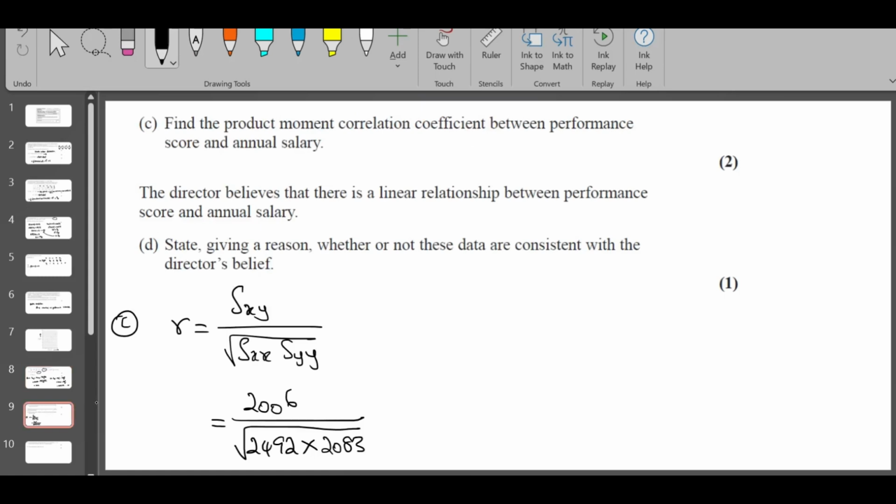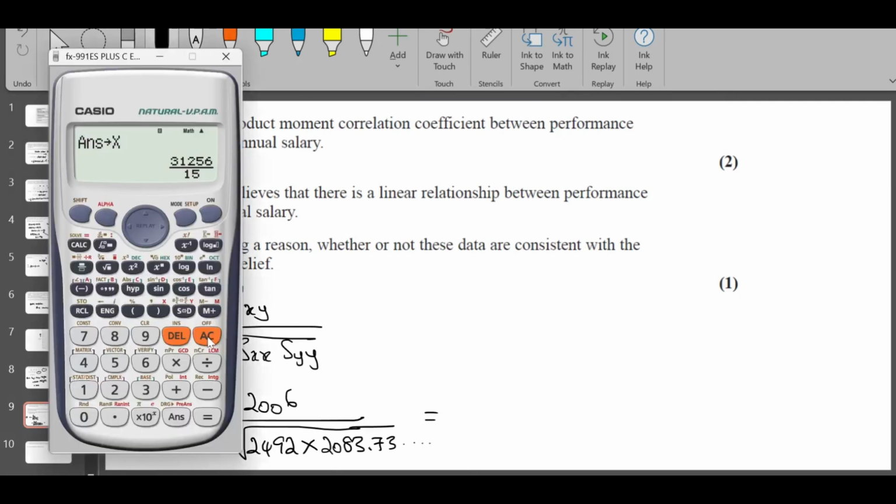Don't use the rounded value. We have stored the value already in our calculator, so we use the stored value. So it's going to be 2006 divided by the square root of 2492 times the value I stored as x.